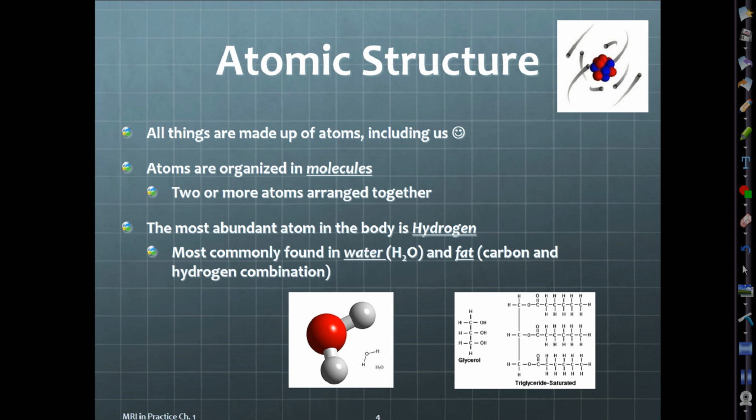But you have other molecules in your body, and think of fats. You have an image here of the organic structure of several fats, triglyceride and glycerol, and you can see that hydrogen is also attached in these structures. So you have an abundance of hydrogen in the human body.